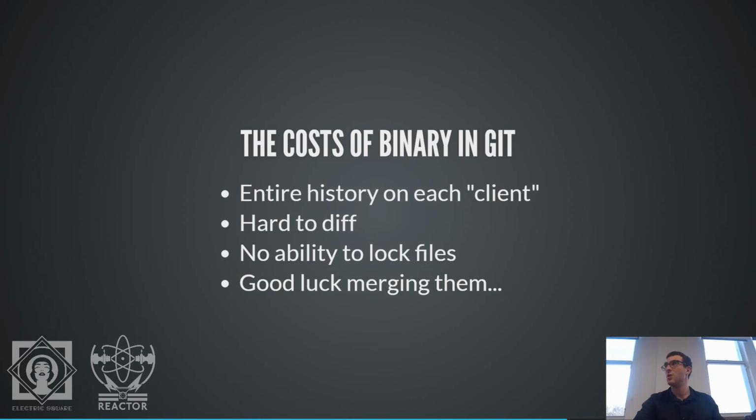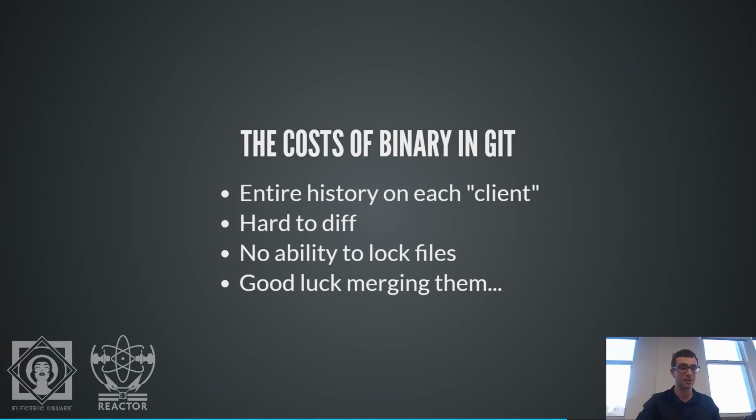And then also with a binary file, every client has the entire history of the entire repository, which means that if you have a 5 GB file, for example, not that you'd have one that big, and it's been modified 5 times, then you're going to have 25 gigs of data on everyone's machine already, which is incredibly expensive.